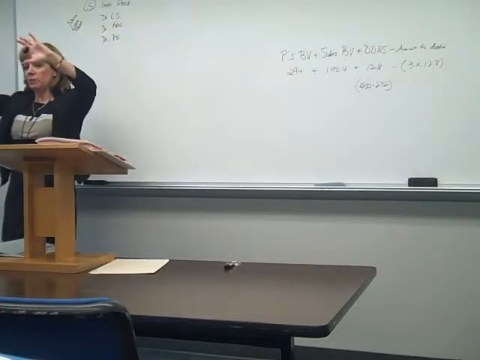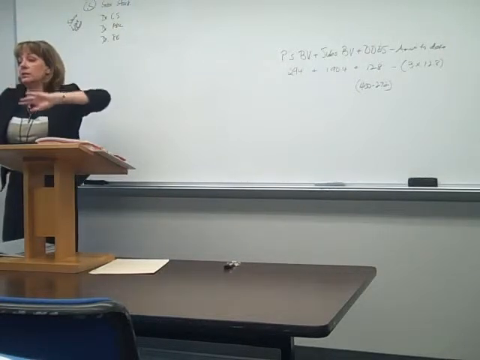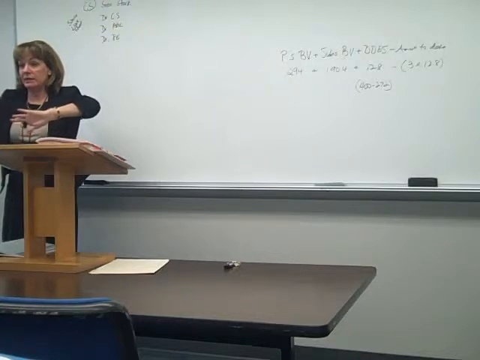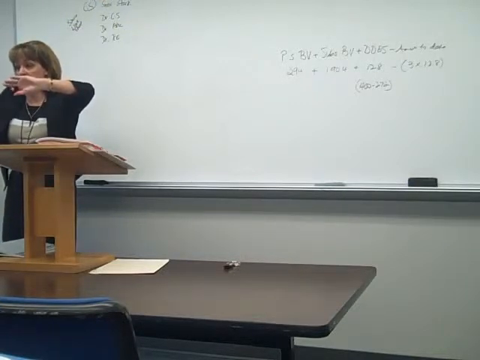Remember in our new worksheet, we have the income statement, the statement of retained earnings, and the balance sheet. Remember that? This is the one in the middle, the statement of retained earnings, beginning of the year retained earnings.